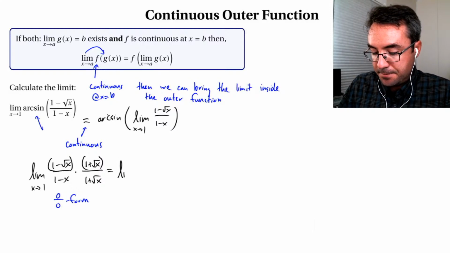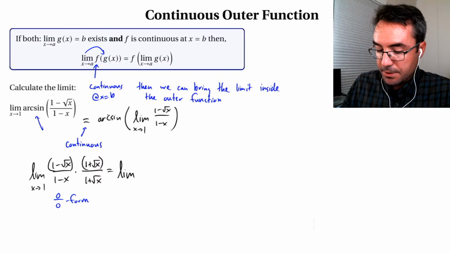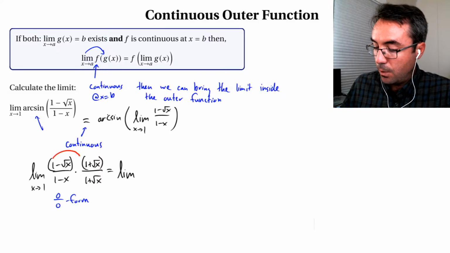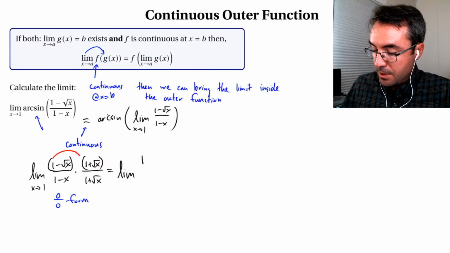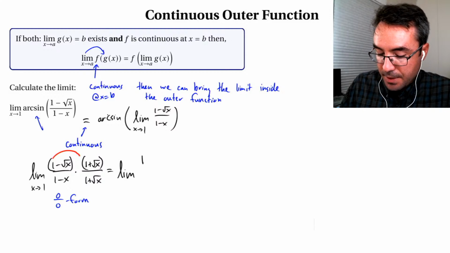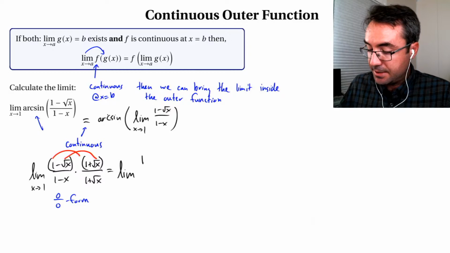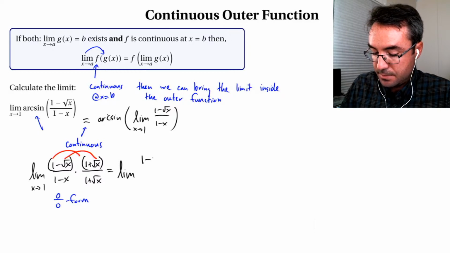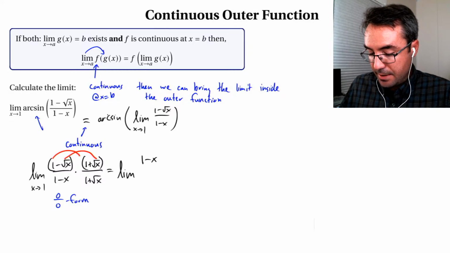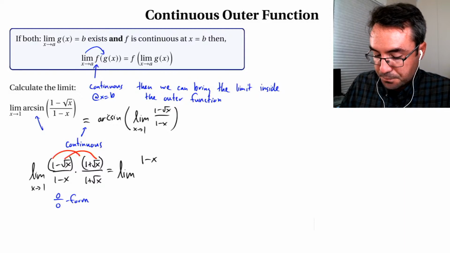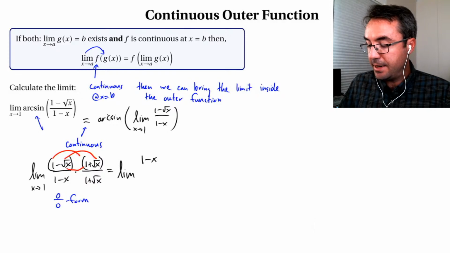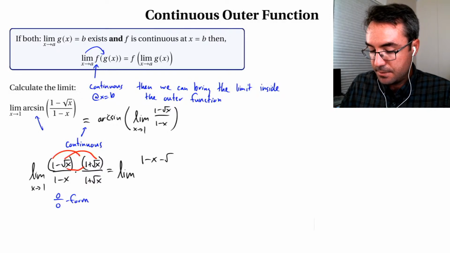Let's multiply those two terms in the numerator together. When we multiply the first terms together, we get 1. We multiply the last terms together, we get negative x. Then we multiply the inner terms together, we get negative square root x.